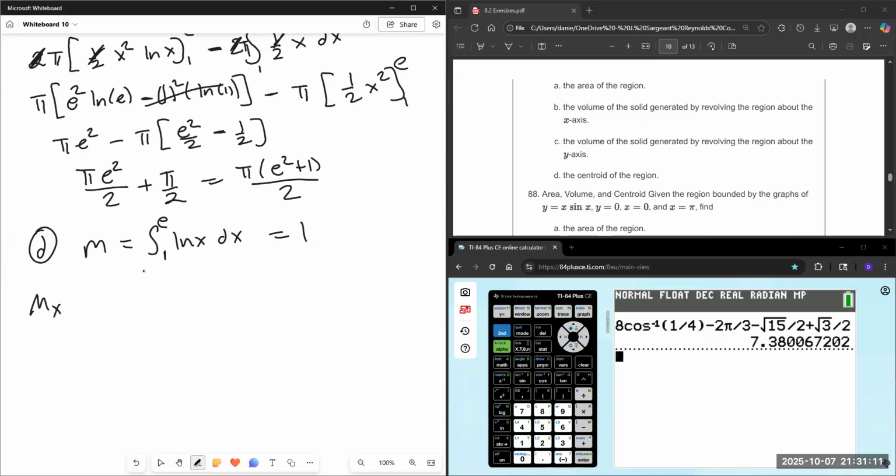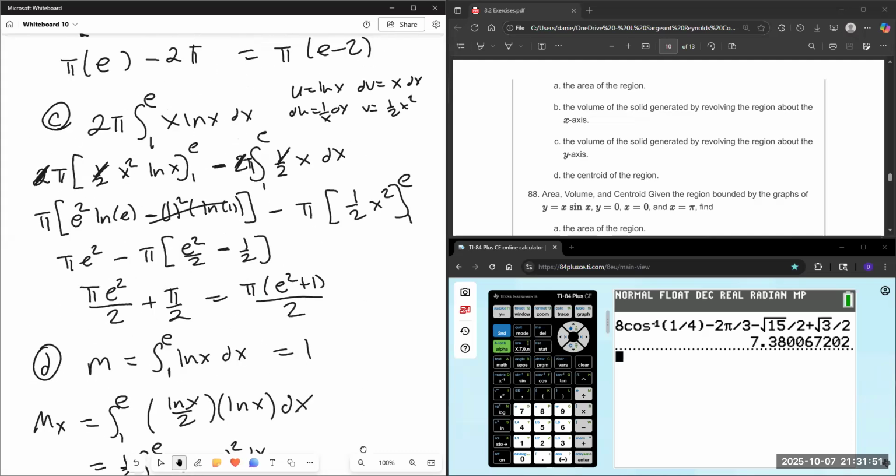Our m sub x will be the integral from 1 to e of ln of x over 2 times ln of x dx. So this is equal to the integral from 1 to e of 1/2 ln of x squared dx.